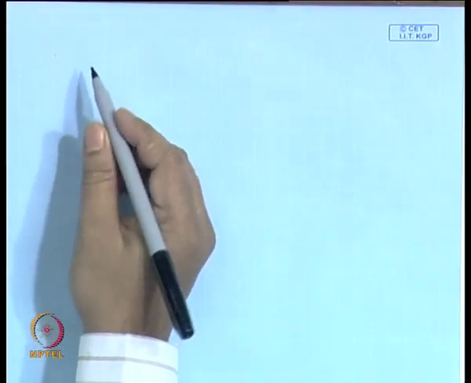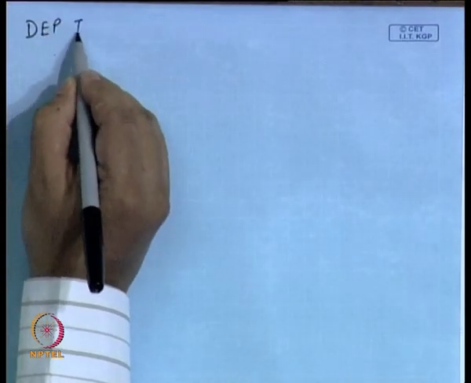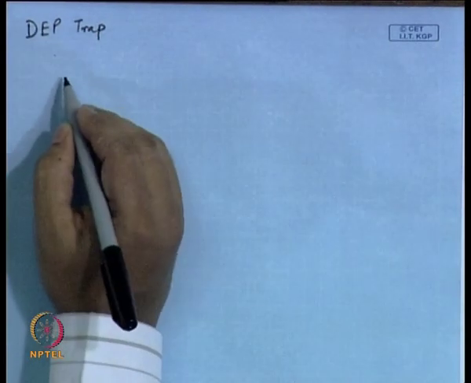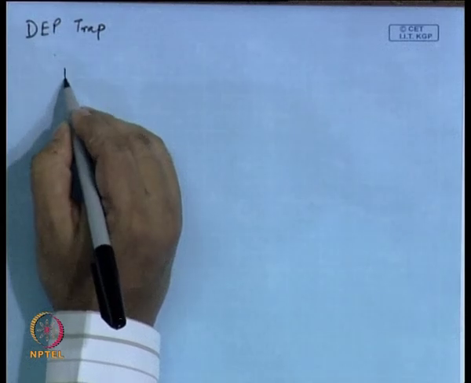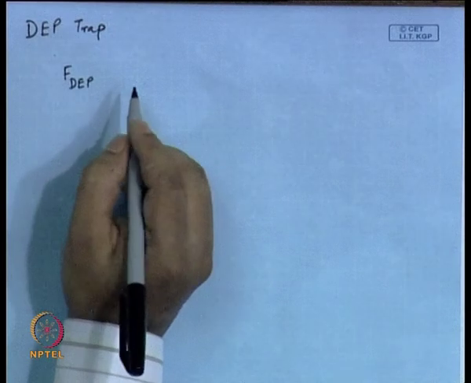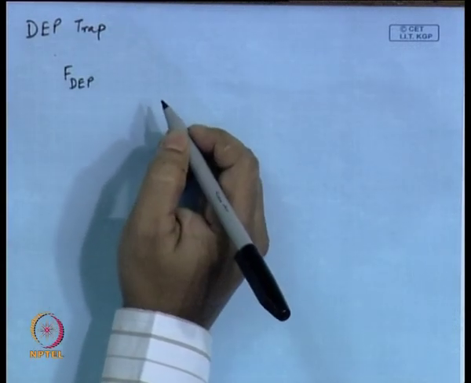The topic that we have been covering in the last class was dielectrophoresis, more precisely something called a DEP trap, where we were trying to relate this DEP force FDEP and F drag.